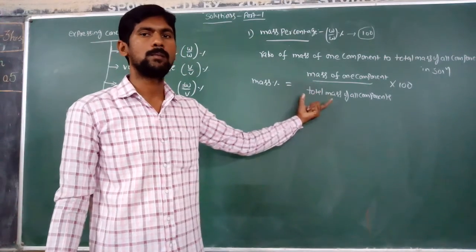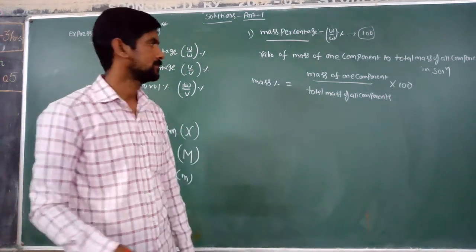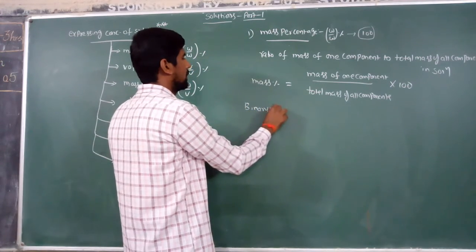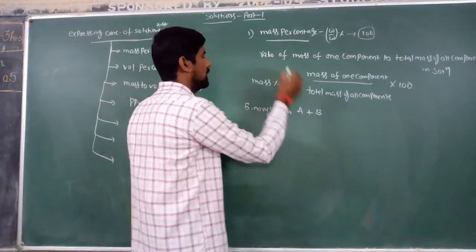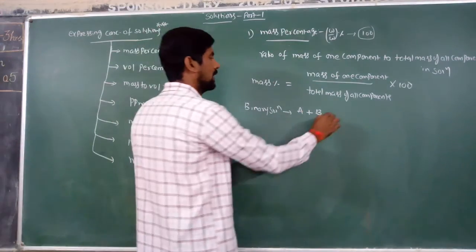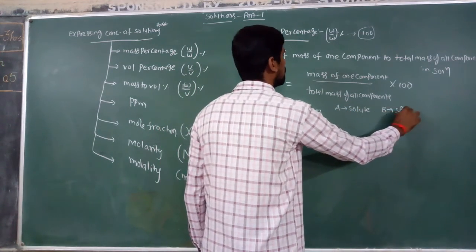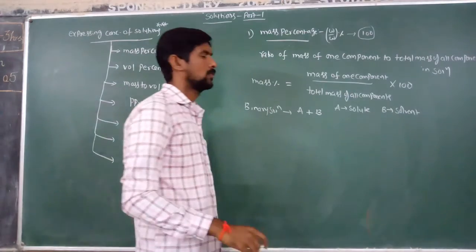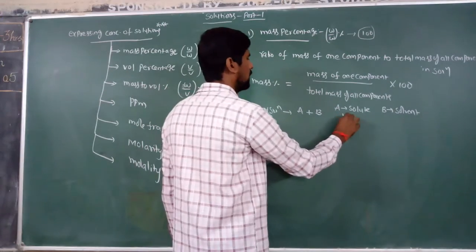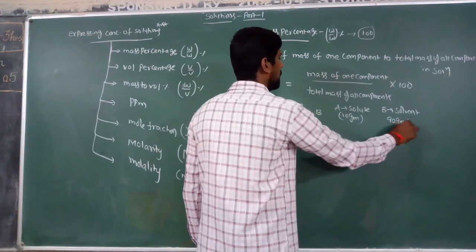Mass of one component by total mass of all components into 100. For example, if a binary solution contains two components A and B, where A is solute, B is solvent. For example, 10 gram of solute is dissolved in 90 gram of solvent.